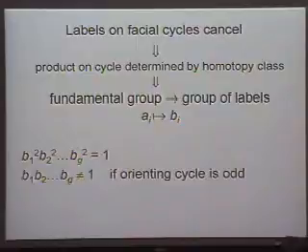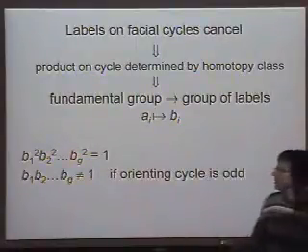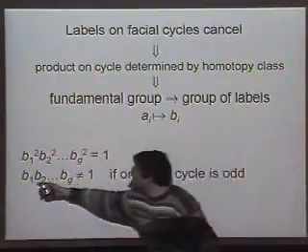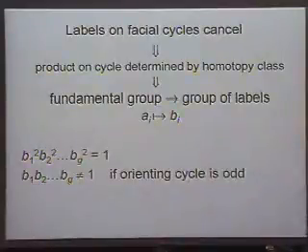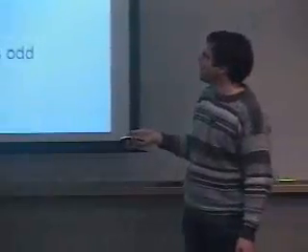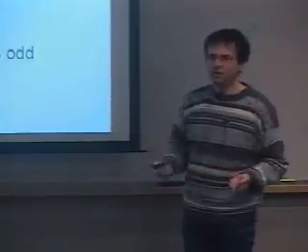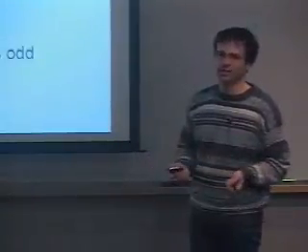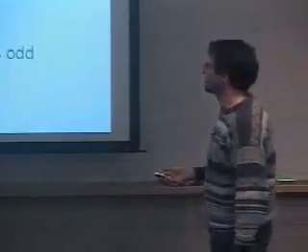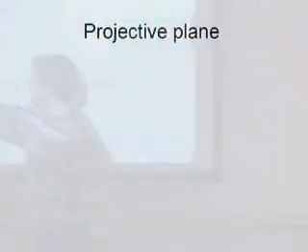And if you have an odd orienting cycle, then B1 through Bj is just the image of the orienting cycle. And if it was an odd orienting cycle, then the labels do not cancel out. That was this combinatorial argument. So we have that the product of these guys is 1, but the product of these guys is not 1.